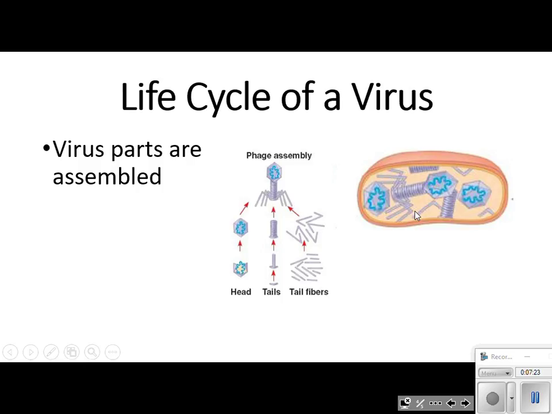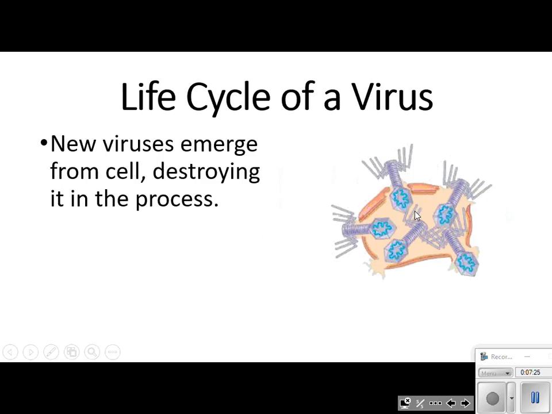So what happens next, the final step, is that the new viruses have to emerge from the cell. So basically, they keep making viruses, keep making viruses. Okay? It's like filling a balloon with air. Eventually, what's going to happen?